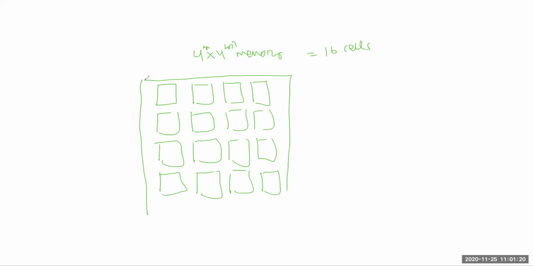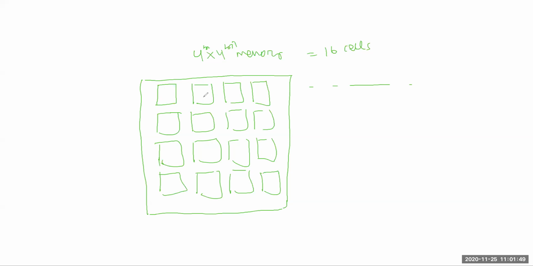Inside a processor, suppose you are using cache memory, it is a 4x4-bit memory, that means a total of 16 cells will be arranged in this way, so that the total area will be reduced. If you place them in one line, the length will be more. If you stack them, the width will be more. To optimize the area, we have to put them in a matrix format.